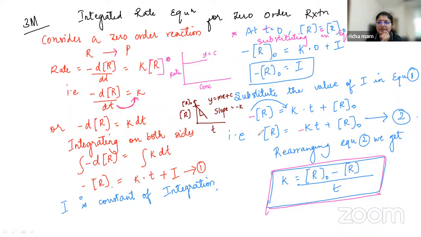We have drawn this graph from this particular equation, the second equation. So minus k is the slope multiplying t, and your intercept is R naught. Got it? So this is your integrated rate law equation for zero order reaction.